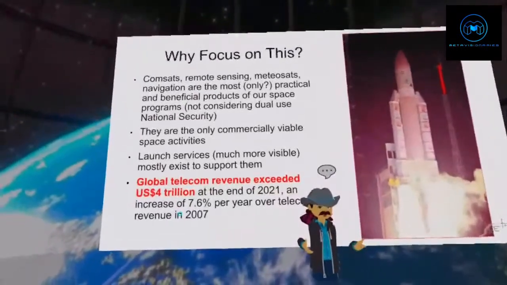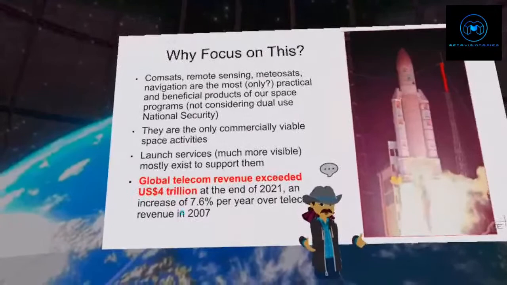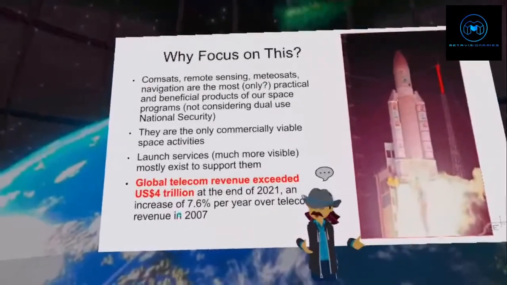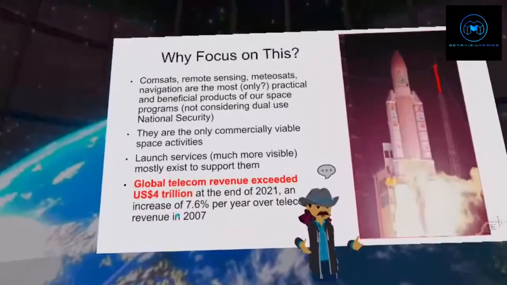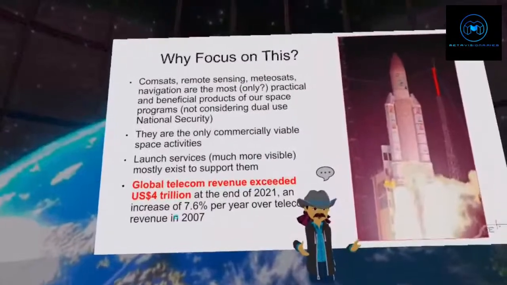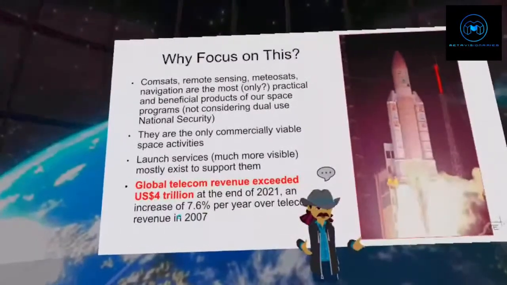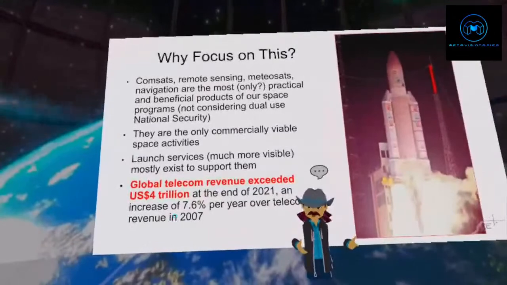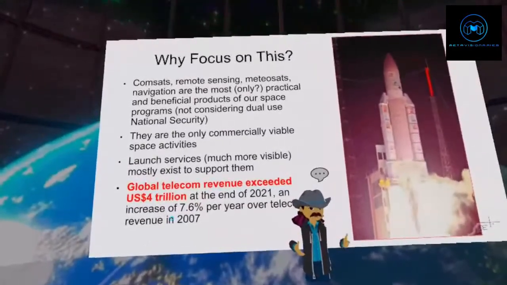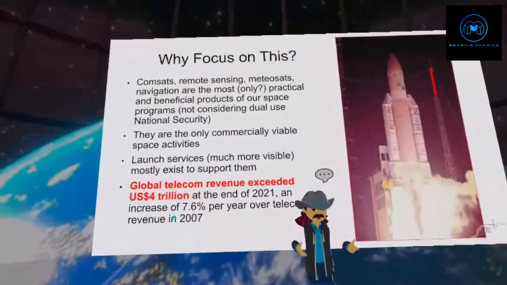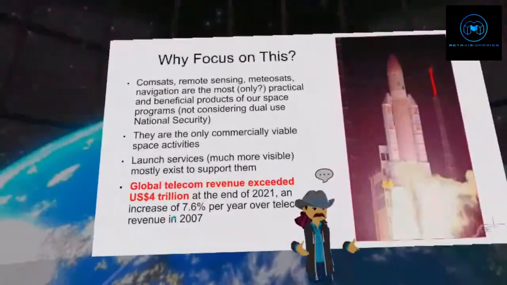These are really the commercially viable space activities. These are where the jobs are. The launch service industry really exists primarily to support them. And this is big business by anybody's measurement. This is very big business.